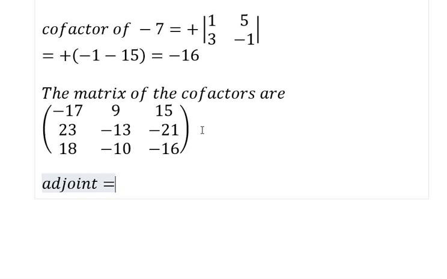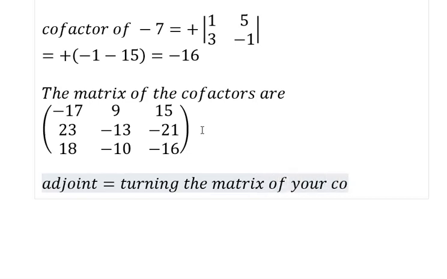Adjoint is simply turning the matrix of your cofactors. When you turn the matrix of your cofactors, that is adjoint. So let's quickly turn this matrix.